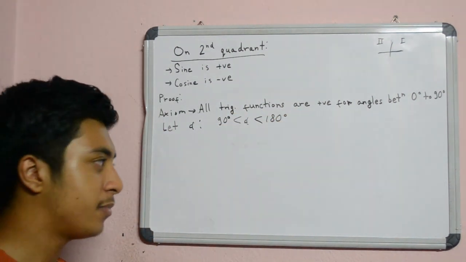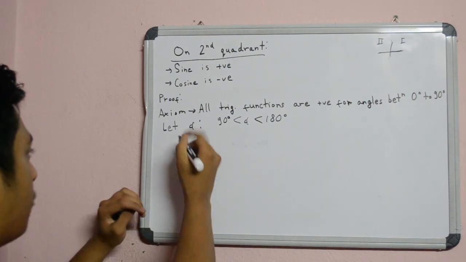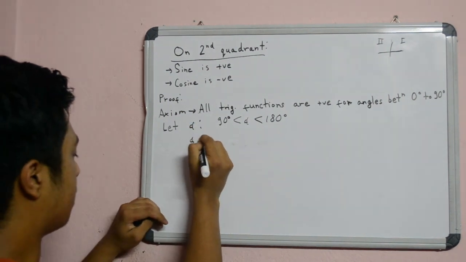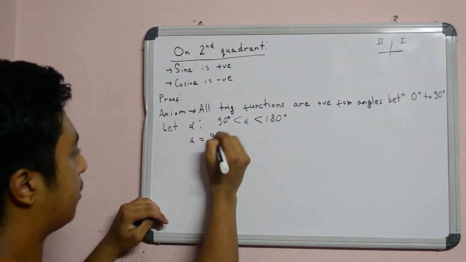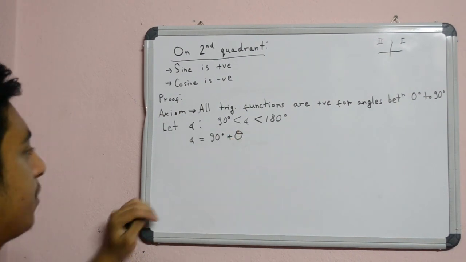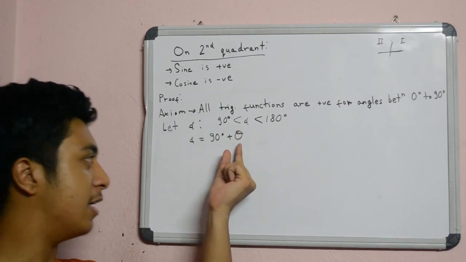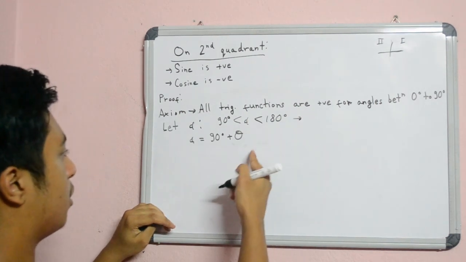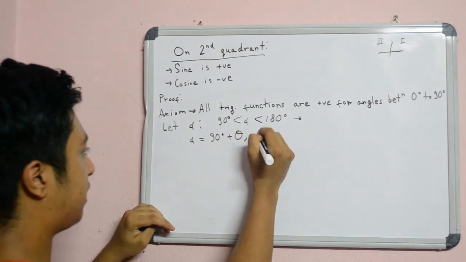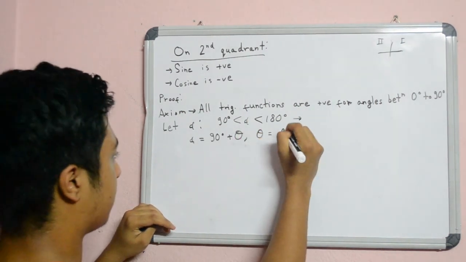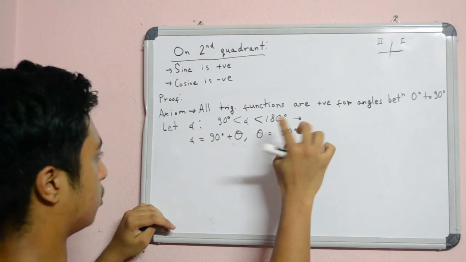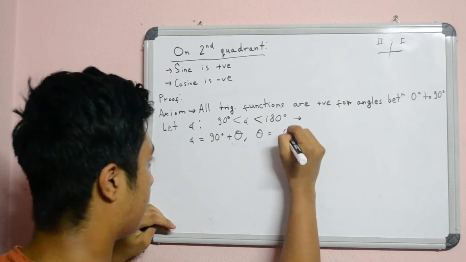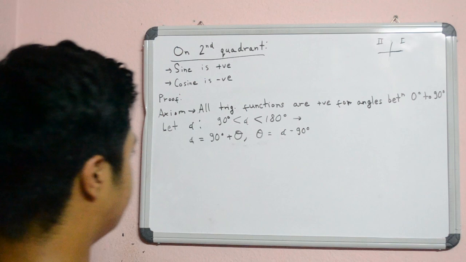And now I'm also going to let alpha be equal to 90 degrees plus some angle theta. And what do we know about theta? Well, theta is just alpha minus 90 degrees.